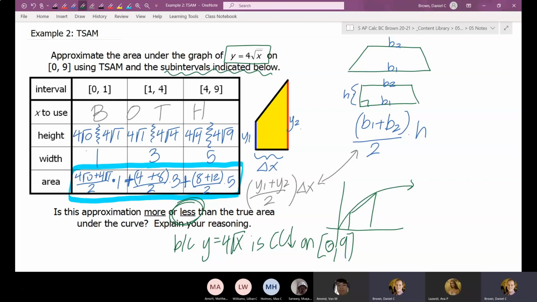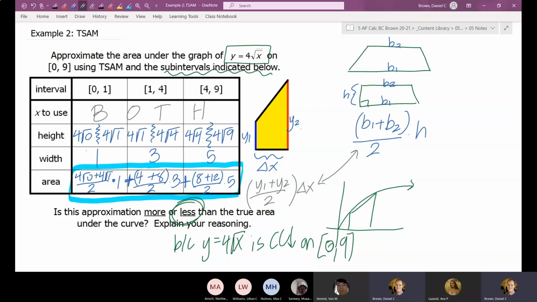So a lot of these questions on the AP exam might not even ask you to find the approximation. They just say, hey, you used MRAM to approximate the area under the cosine of x from 0 to pi. And you would just have to know what the graph looks like because you know your parent functions, and then be able to figure out whether you have an under or over estimation.